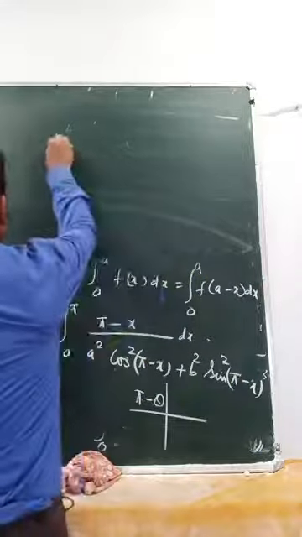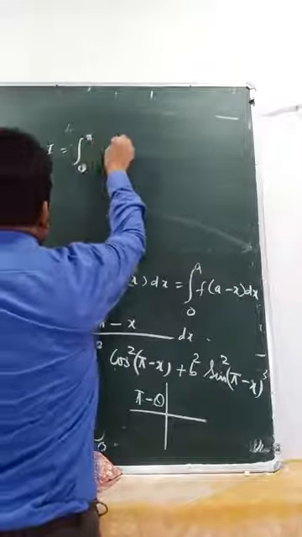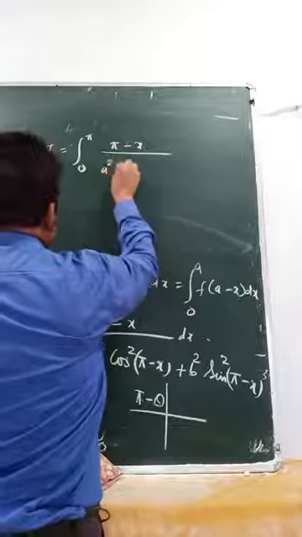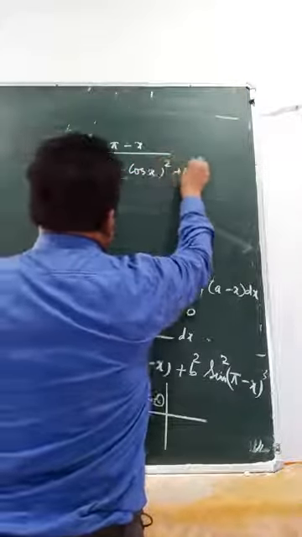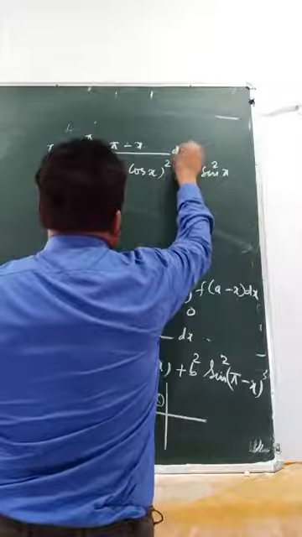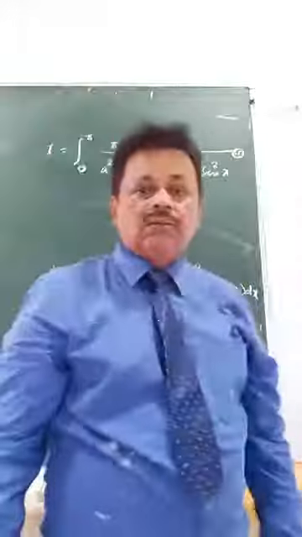I equals 0 to pi, x over a square minus cos x whole square, b square sin square x. But minus cos x whole square is cos square x.